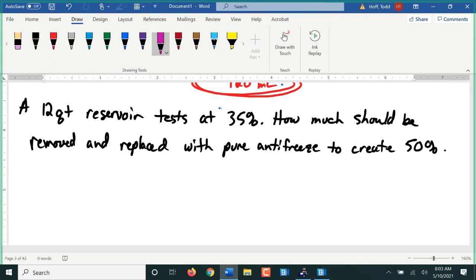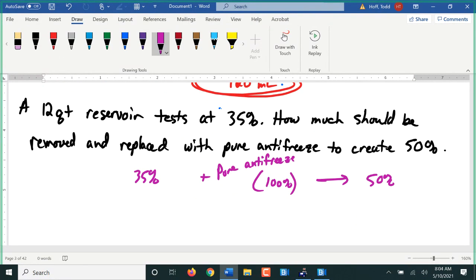So what we have here is 35% in the reservoir. We're going to add to that pure antifreeze, which is what percent? And we want to get to a 50% solution.